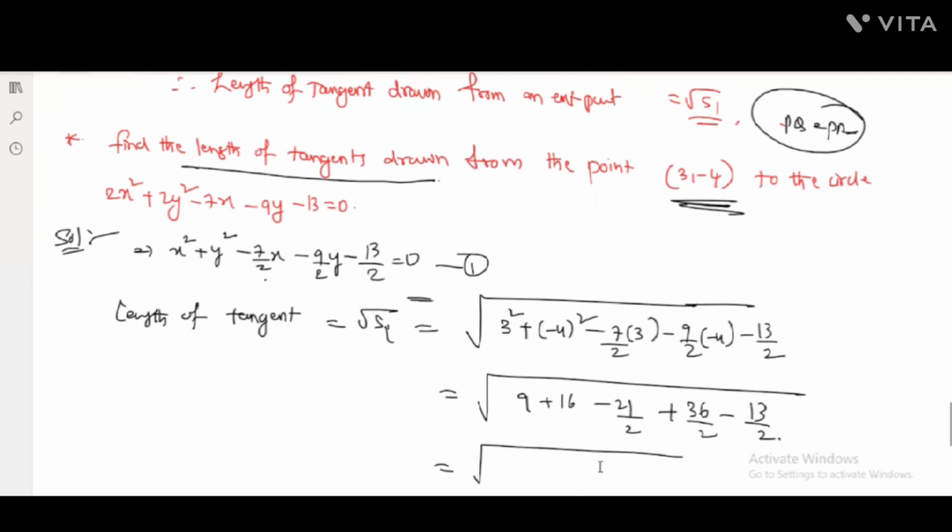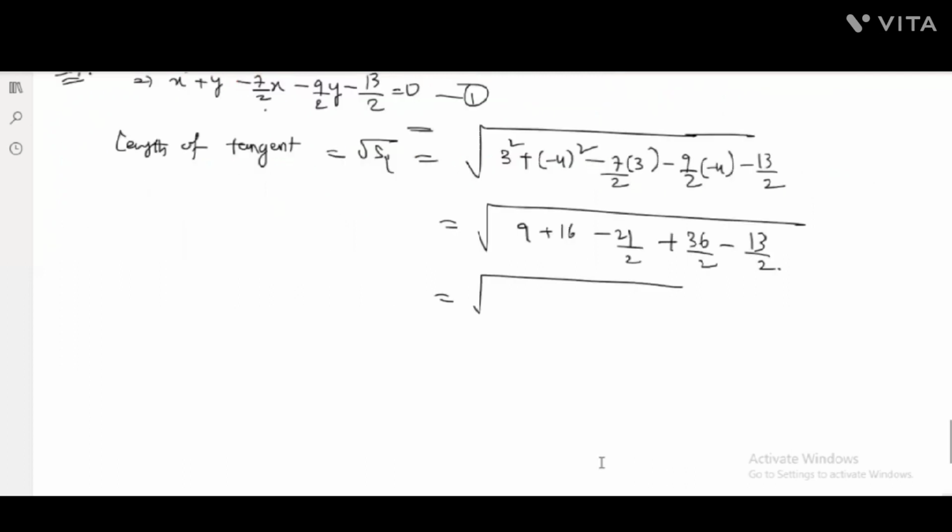So how can we write this one? Take the LCM. This is 25, so 25 into 2, 50 minus 21 plus 36 minus 13 by 2.